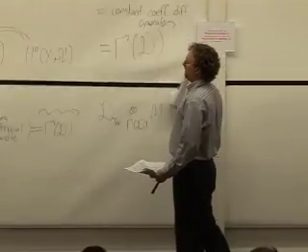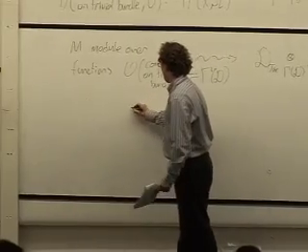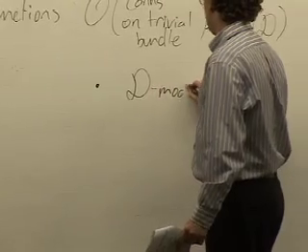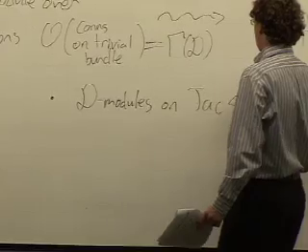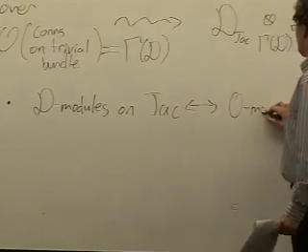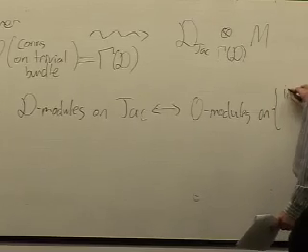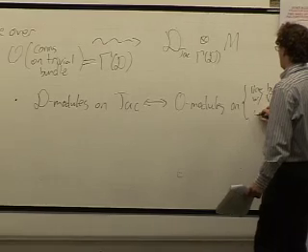Sure. So there's two statements. Well, there's several pieces of data. One is that D-modules on the Jacobian correspond to O-modules on the space of line bundles with a flat connection on the Riemann surface.